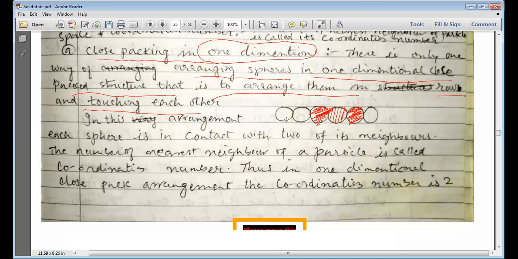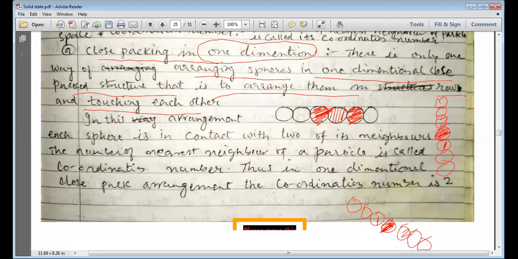Now someone says, sir, I don't want to arrange them this way. So you can arrange them on the x-axis, or you can arrange them on the y-axis. There also you will have two nearest neighbors. If you arrange them in some other manner, suppose on the z-axis, you can even arrange them on the z-axis, but still the nearest neighbors would be 2 in any case.